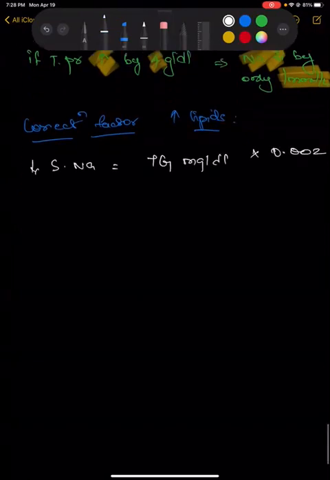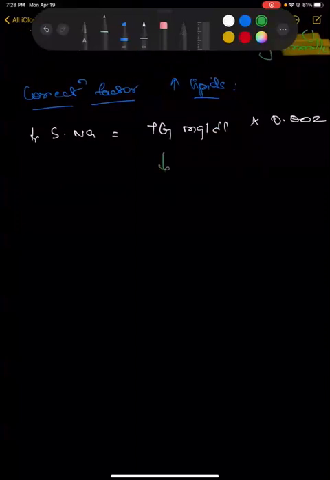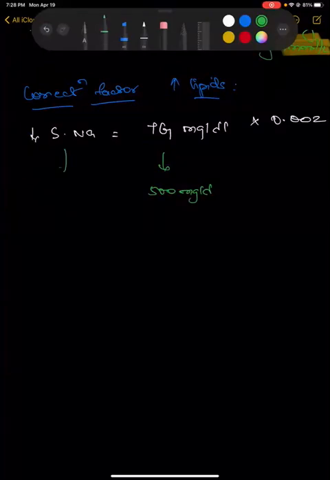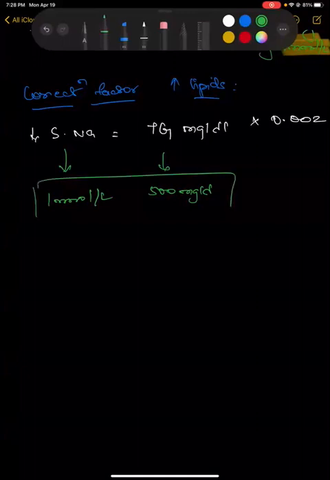So only if your triglyceride levels are about 500 mg per dl, you will have a serum sodium drop by 1 millimole per liter. So this is even less. In case of hypertriglyceridemia patients, most of the time the serum sodium is normal. So this happens very rarely.